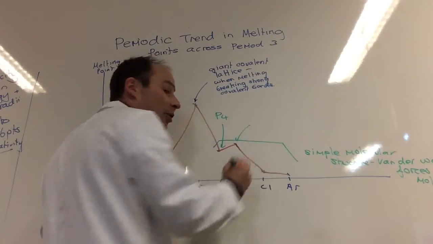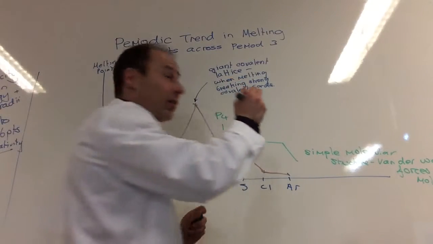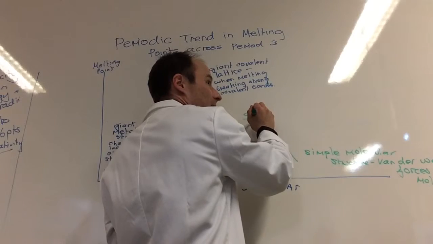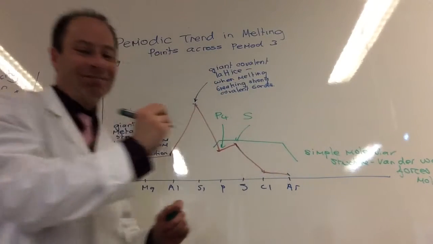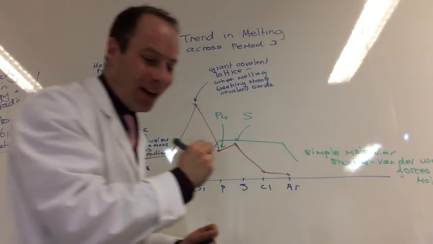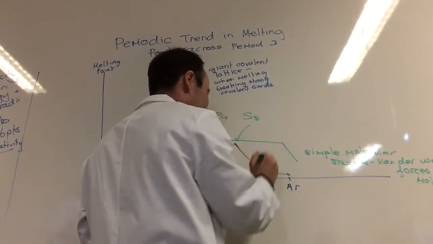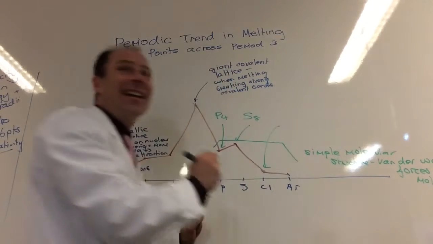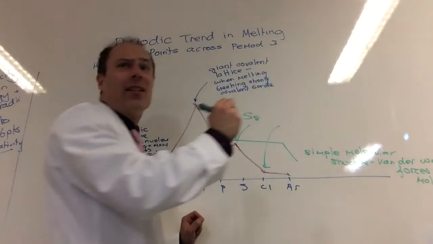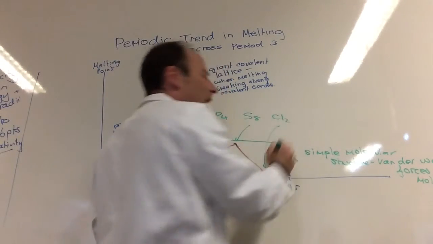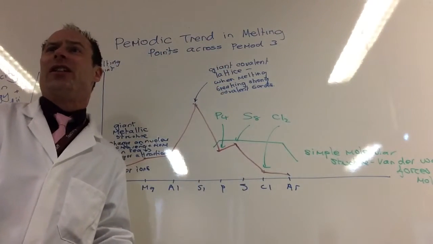Sulfur goes around as S8. Chlorine is, you should know this one, Cl2. And obviously argon is just on its own.